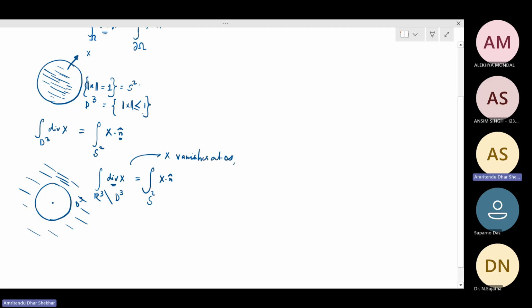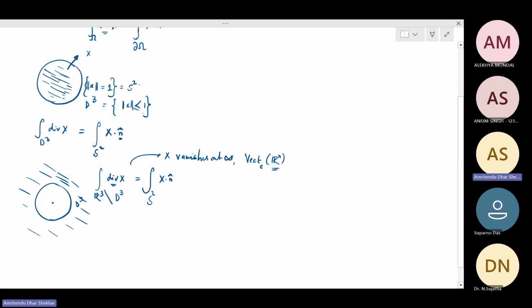One sufficient condition for this to actually hold is that X is a compactly supported vector field. So I'm going to use this notation, vect C of Rn.